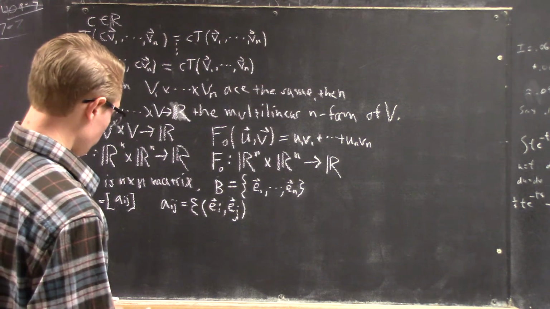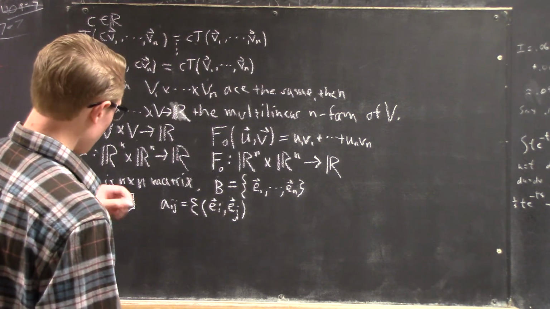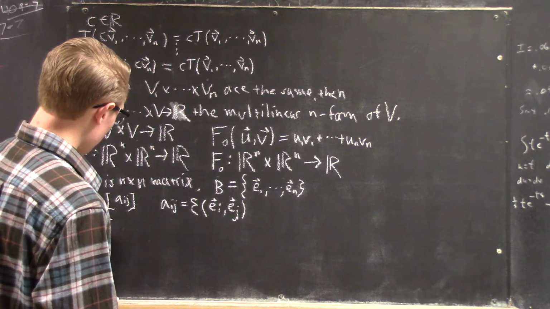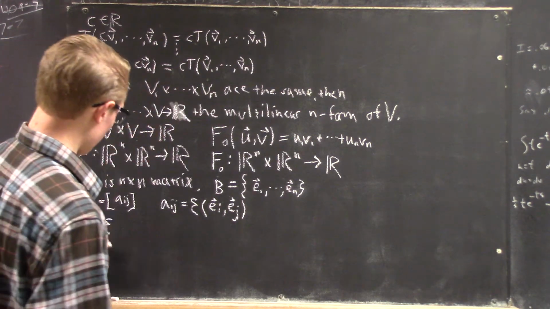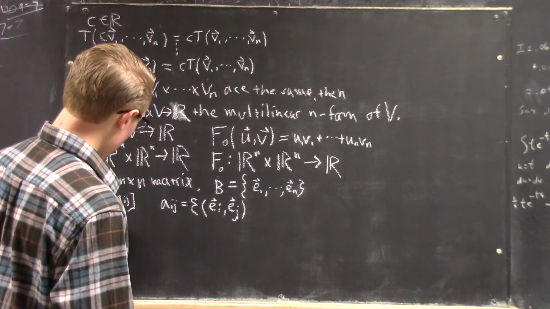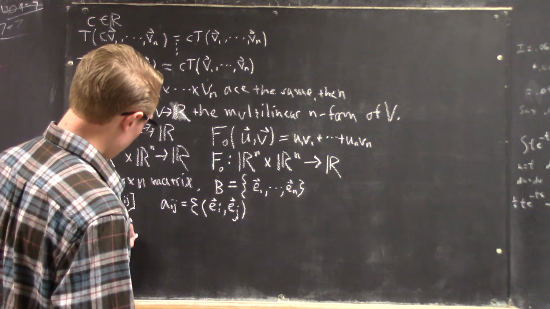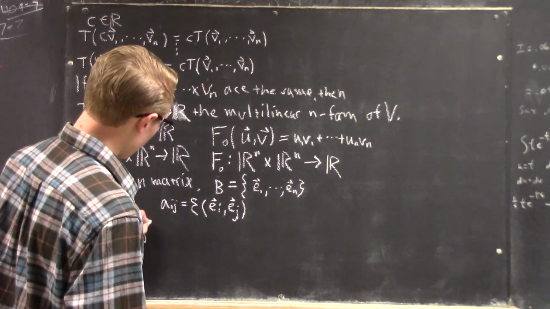And for two particular vectors in the vector spaces, we have vector x and vector y.